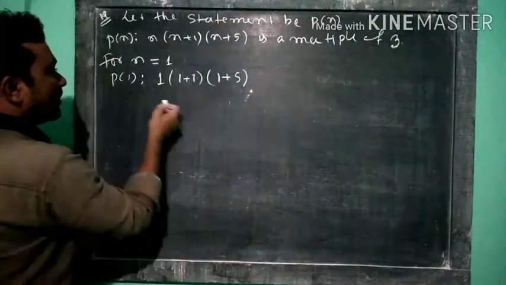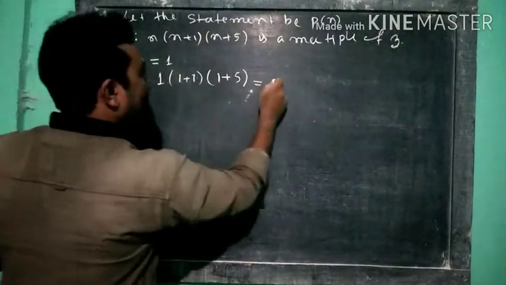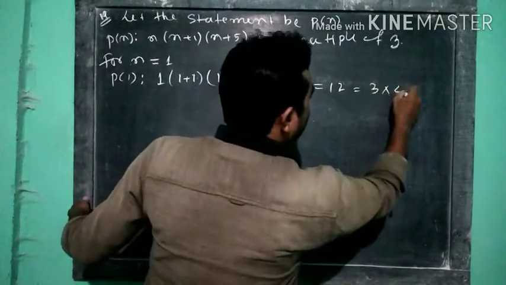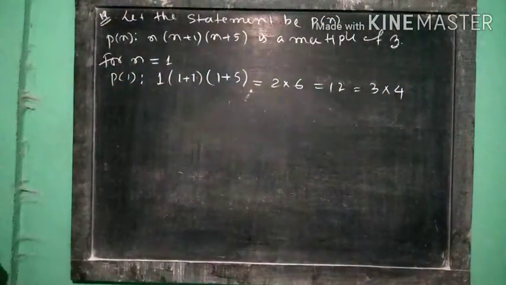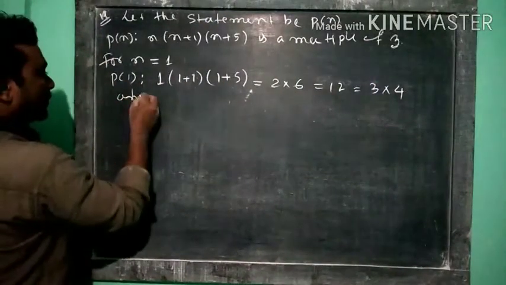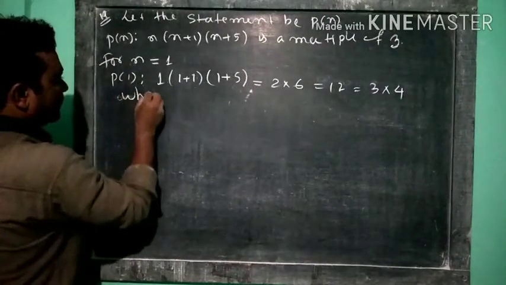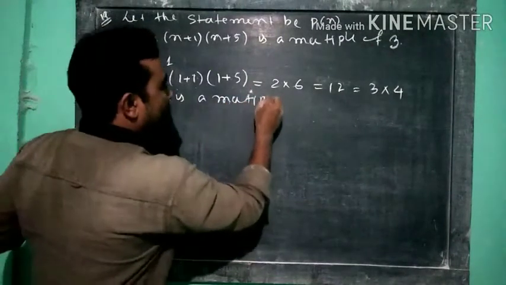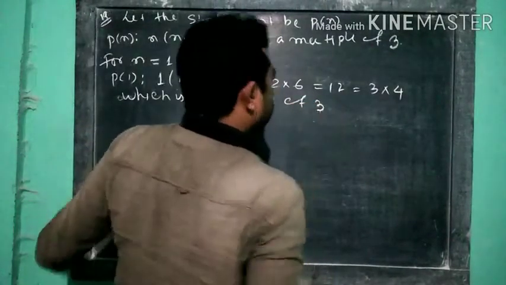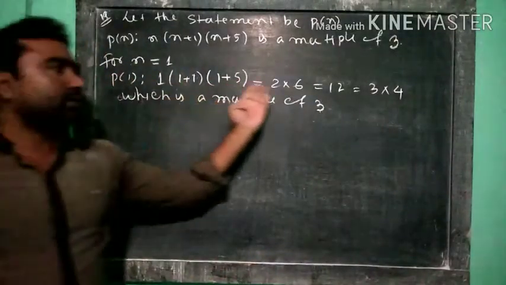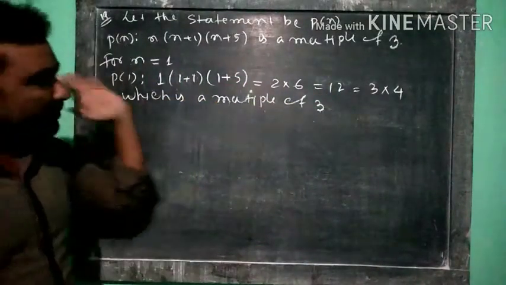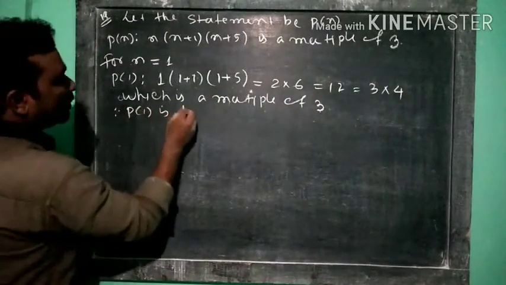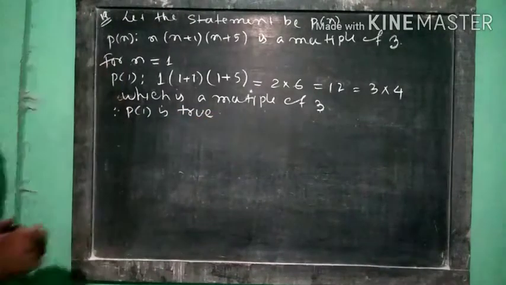So this is equal to, so here value to kiman hobo amar 2 into 3 equal to 12, and 12 can be written as 3 into 4, which is a multiple of 3. যে যেটো কি হয় 3 গুণিত হয়, কারণ 3 তো যেহেতু ইয়ার লগত কি হইছে মাল্টিপ্লাই আছে, তো it must be a multiple of 3. Therefore P of 1 is true. তো আমার কি হল, P of 1 to কি হই গল, true হই গল.